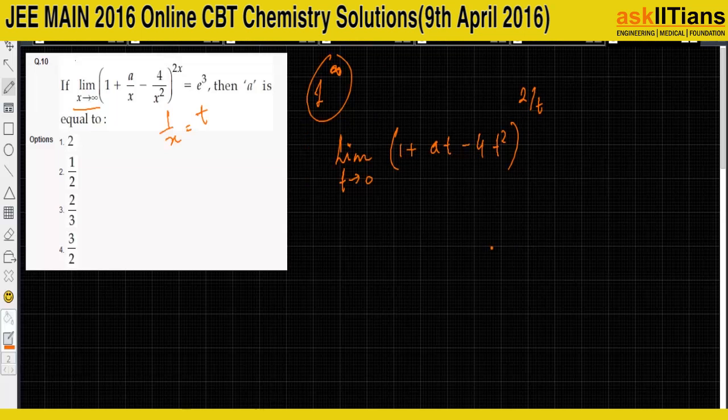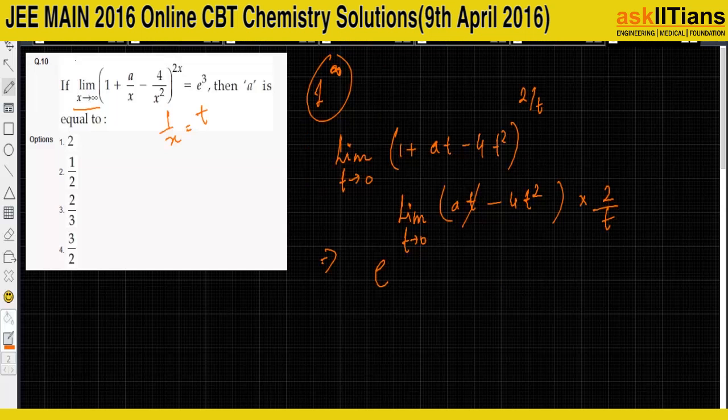Now still it is 1 power infinity, so let's apply the formula, that's e power the same limit of (f(x) minus 1) into g(x). So this 1 will go away, so I'll get at minus 4t square multiplied by 2 by t.